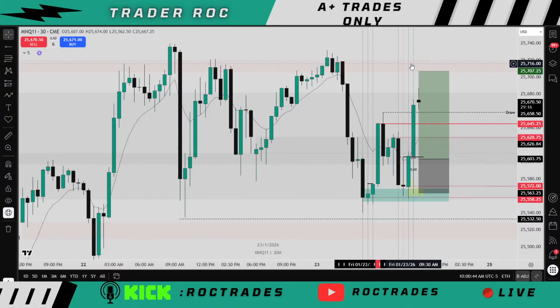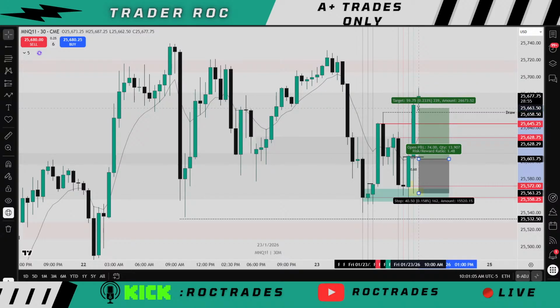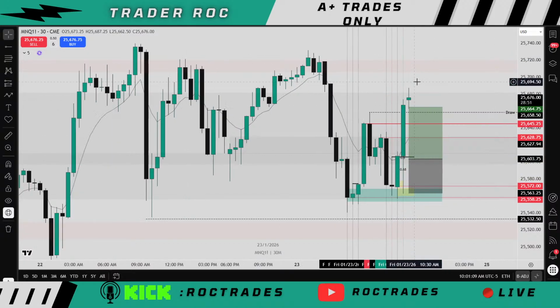Let me see what I can do to increase my RR ever so slightly, just enough to see a big difference, right? 1.5 compared to 1R is a massive difference, right? You'll see a massive difference in your trading. So that's the game plan here.